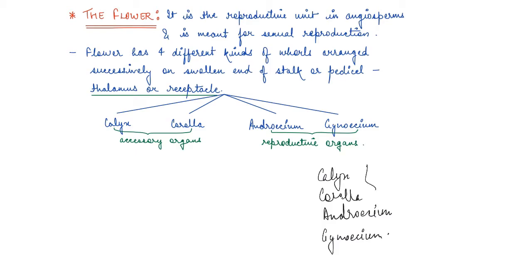Okay, so the first two, calyx and corolla, are basically not involved in sexual reproduction, and these are known as accessory organs. And the other two, androecium and gynoecium, are basically male and female parts, and these are known as reproductive organs.